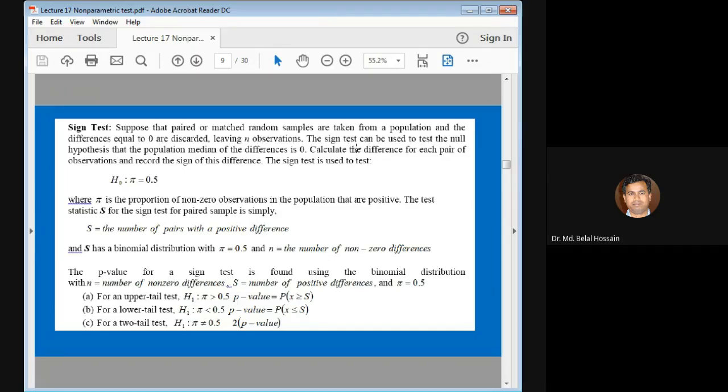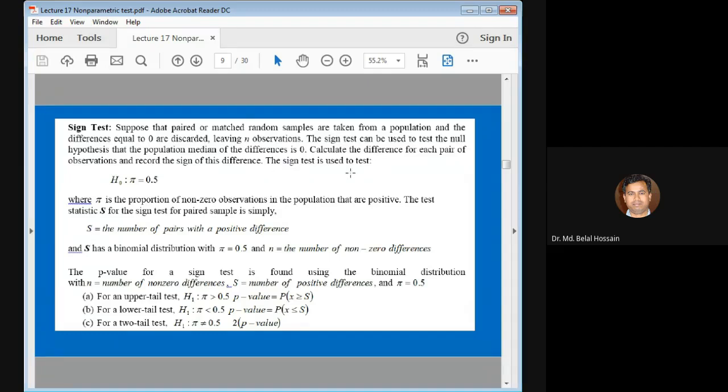The sign test can be used to test the null hypothesis that the population median of the differences is 0. Calculate the difference for each pair of observations and record the signs of the difference.